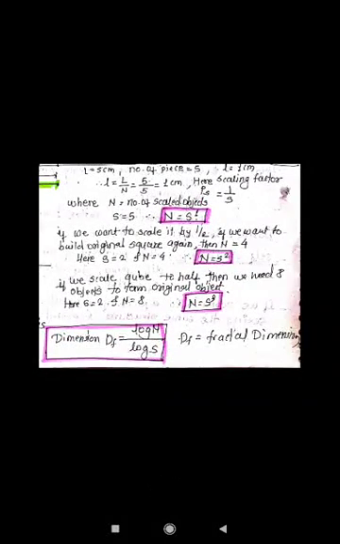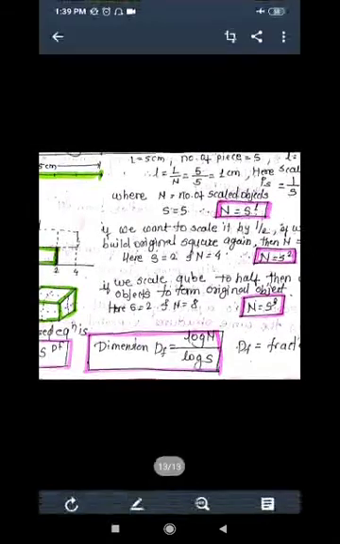So how should this df be calculated? The dimension df is calculated as log of N divided by log of S. So by calculating the log of N divided by log of S, you can find the value of df, and by finding the value of df, you can directly find the value of N. So this is the fractal dimension df, which we are going to use for the next fractal generations.